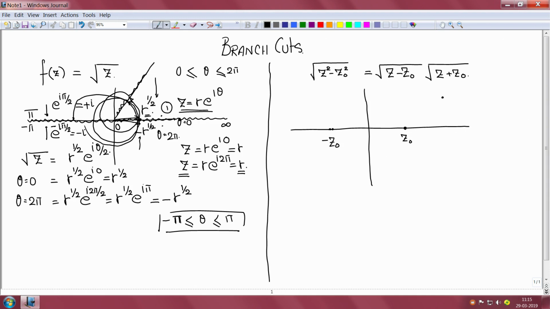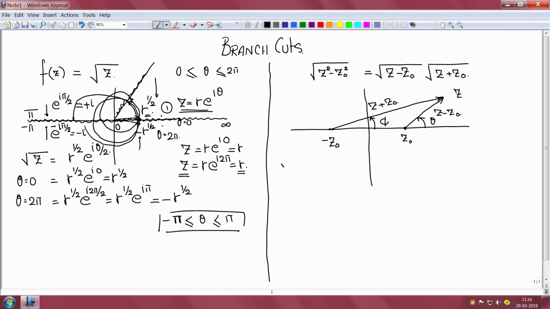Then if z happens to be somewhere here, let us say this is my z, then z minus z0 is this. This is my z minus z0 phasor. And this is my z plus z0 phasor. So I will represent these in terms of magnitudes and arguments. So this I will call theta, this will be denoted by phi.